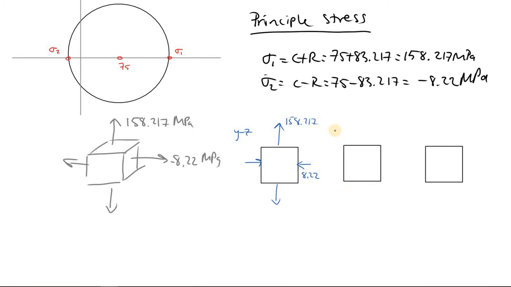Then we want to look at our XY plane, which is this one here. We're just going to have our 158.217. And then we're going to look at our XZ plane, where we will just have our 8.22.